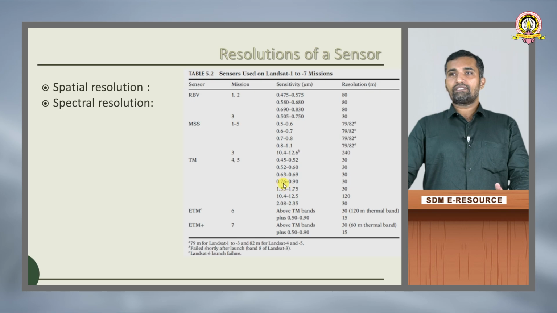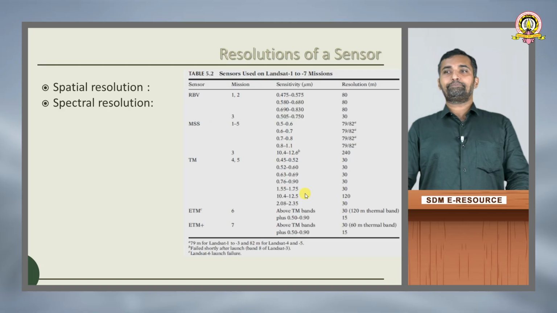Again, 0.76 to 0.90 is the near infrared region. Again, 1.55 to 1.75 micrometer is also near infrared. That means the TM sensor has 2 bands in the near infrared region. Then one more band, 10.4 to 12.5 micrometer, is the thermal region, so it has 1 band in the thermal region.